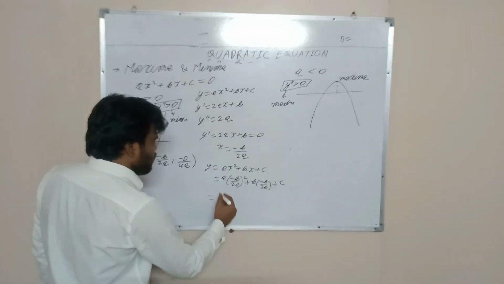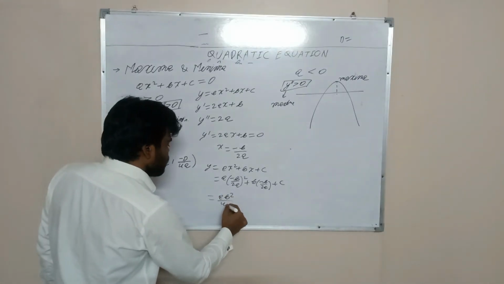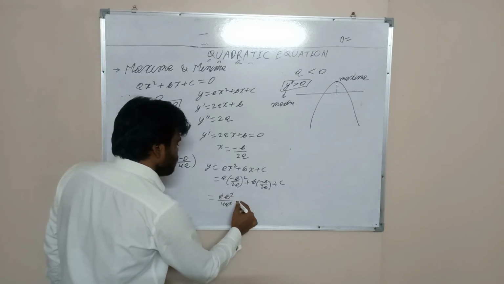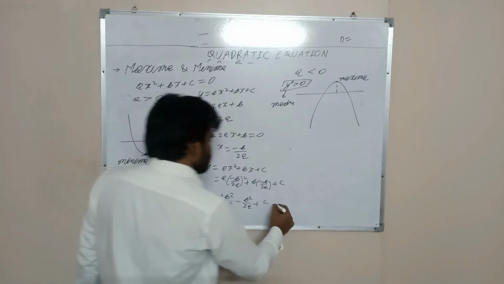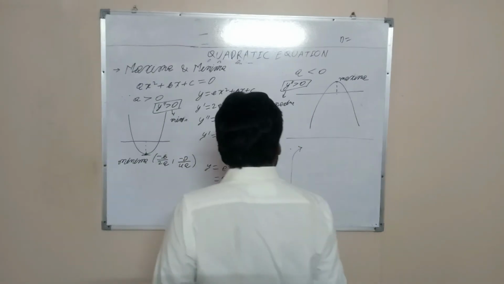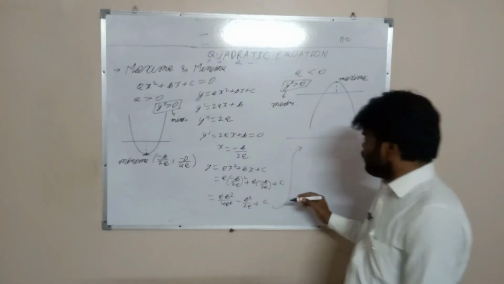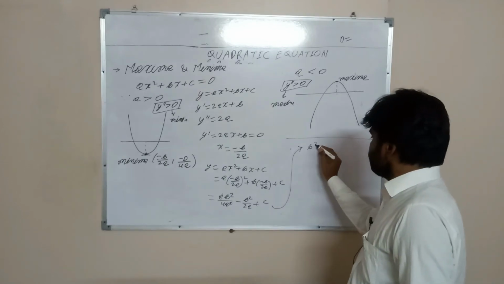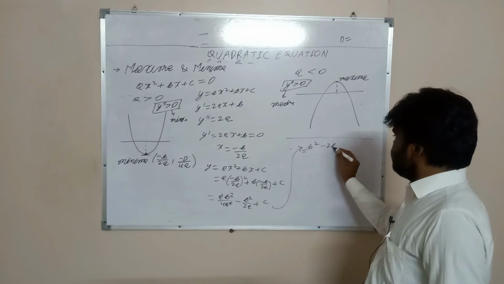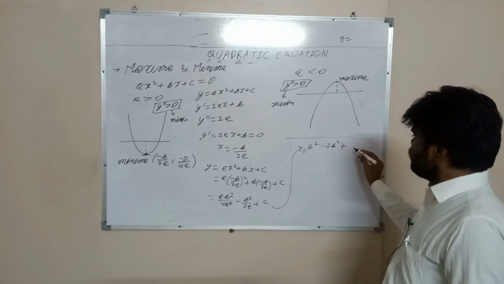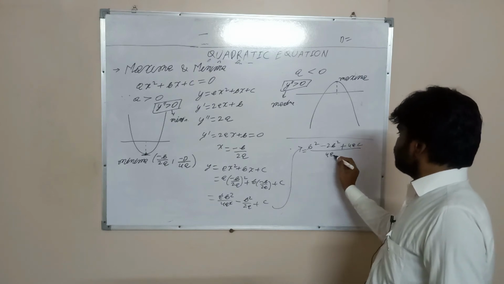This can be rewritten as ab square upon 4a square, a cancels out, minus b square upon 2a plus c, which gives us b square minus 2b square plus 4ac divided by 4a.